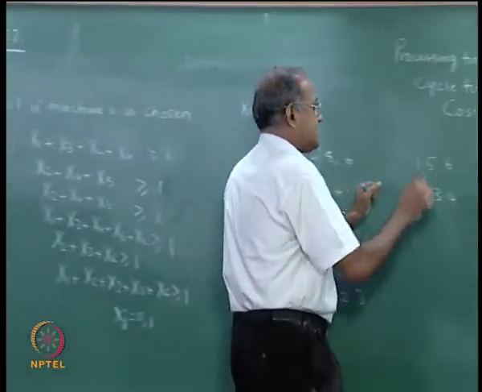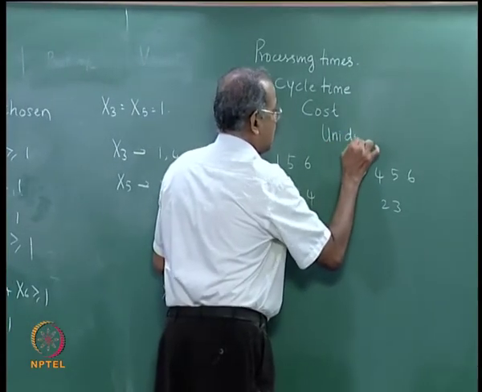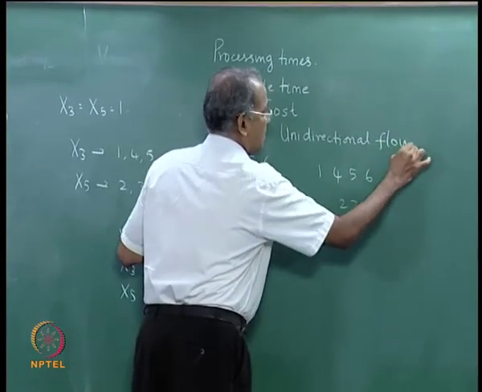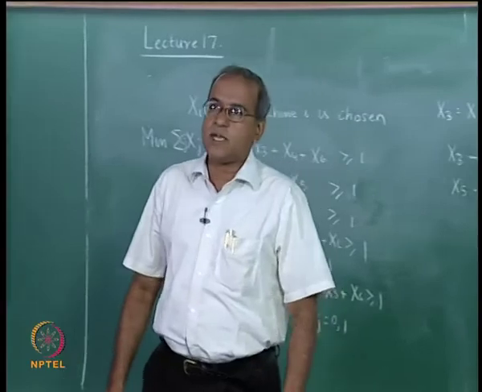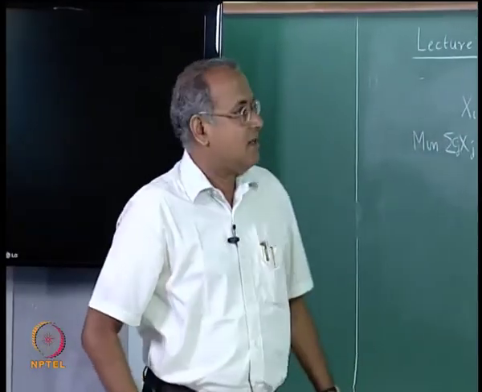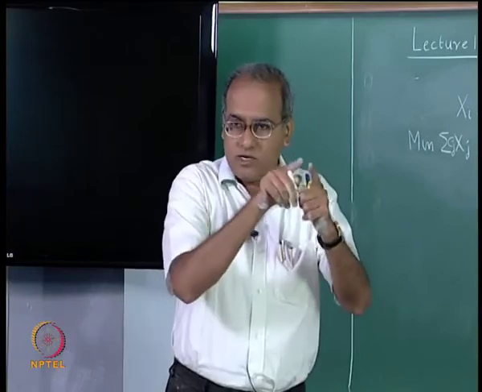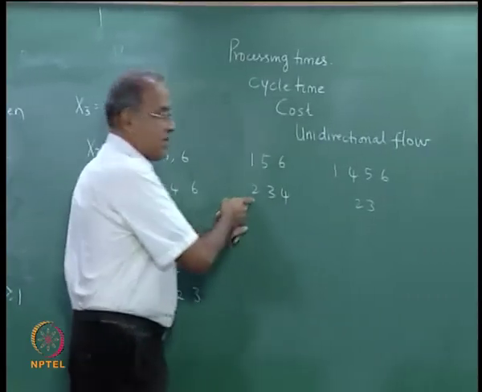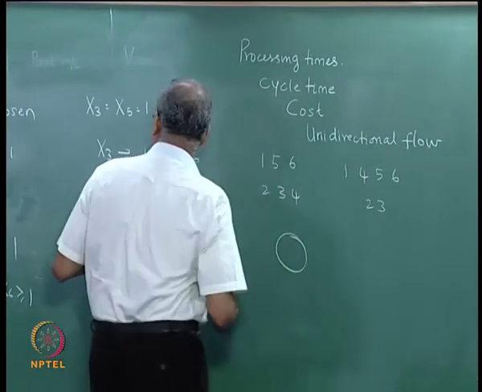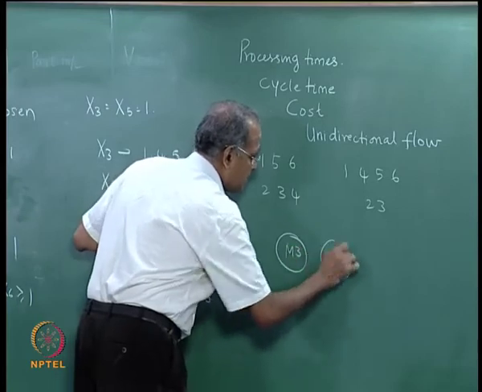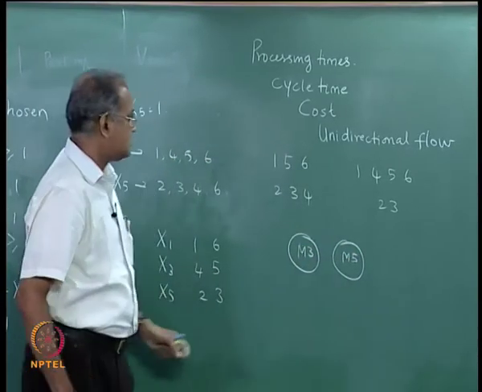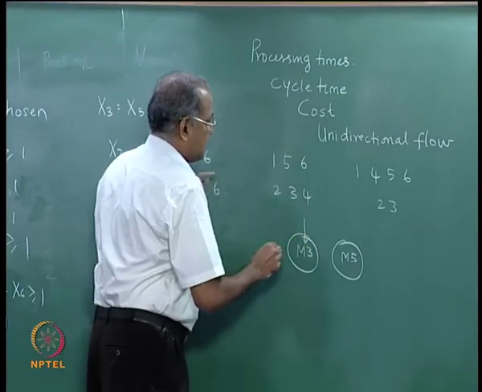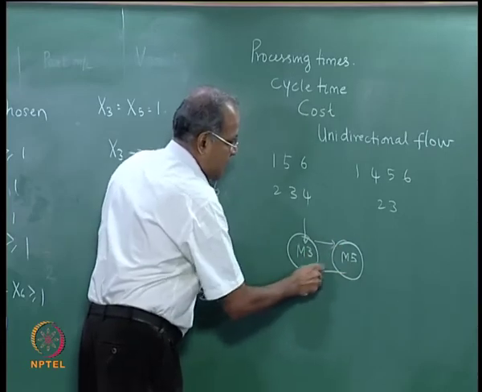And last but not the least, unidirectional flow has to be looked at. If we assume that to make this part or product, we need to follow the operation sequence 1, 2, 3, 4, 5, 6, then this does not give us unidirectional flow, because if we have M3 and M5, so M3 does 1, it comes here, then for 2, 3, 4 it goes here, for 5, 6 it comes back.